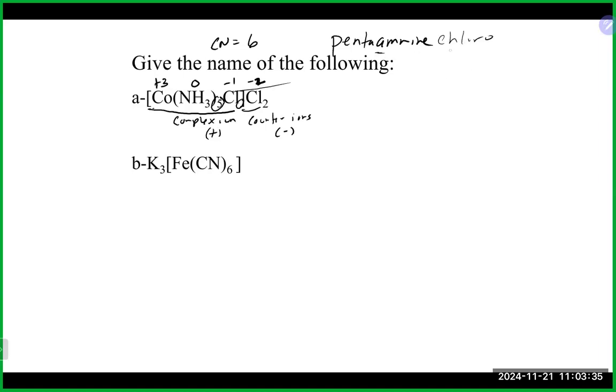And actually, that is the order it should go, as A comes before C. So we'll do pentammine, chloro. And again, we're just going to use cobalt here, regular name, Roman numeral 3. And it doesn't matter how many counter ions we have, we're just going to call it chloride at the end. Pentammine, chloro, cobalt 3, chloride.